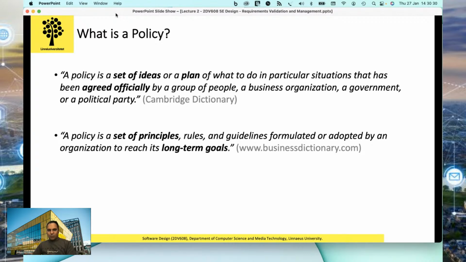So that's the core part of the policy. So it should be a set of ideas or principles or plans that are agreed by the concerned parties, or by the group of people, that will help their long-term goals, or their business objectives. So these definitions are general definitions, but they are also applicable to requirements management, or also in software engineering in general.